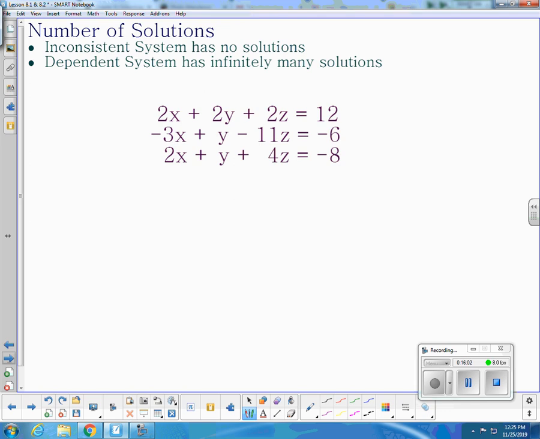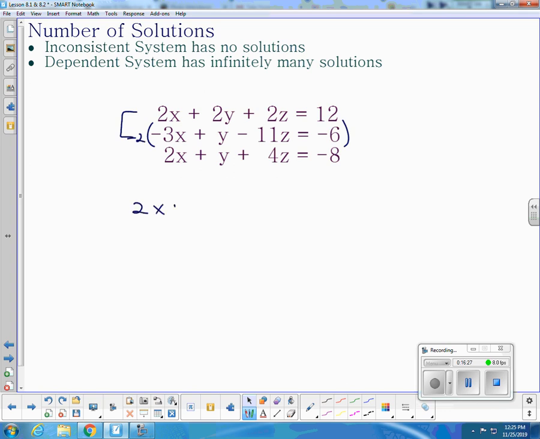Pick a variable to eliminate. I'm going to pick y. Okay, so I'm going to start with these two. What would I multiply the bottom by in order to get something that I can eliminate? Everybody? I'm going to get rid of y. -2. All right.